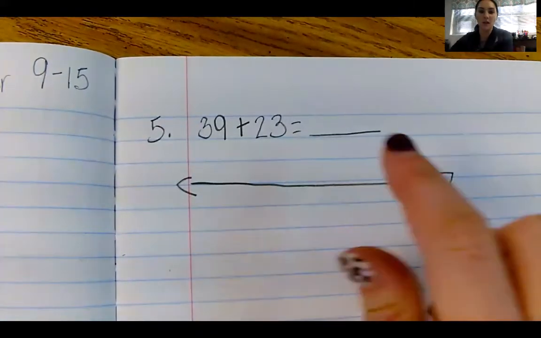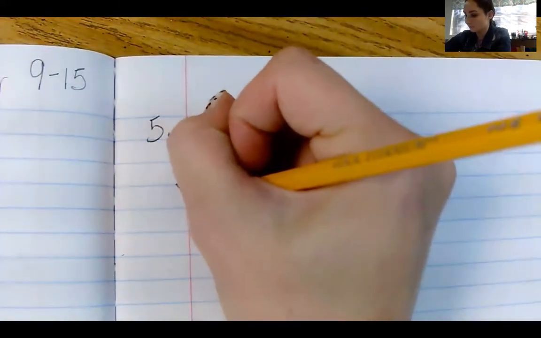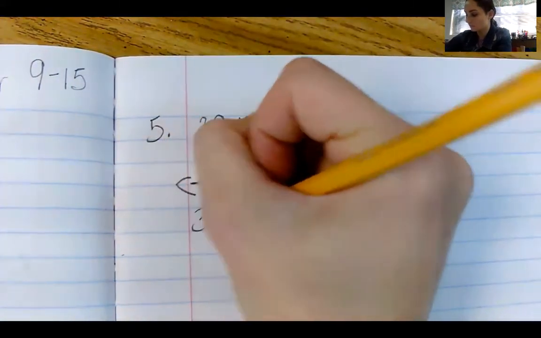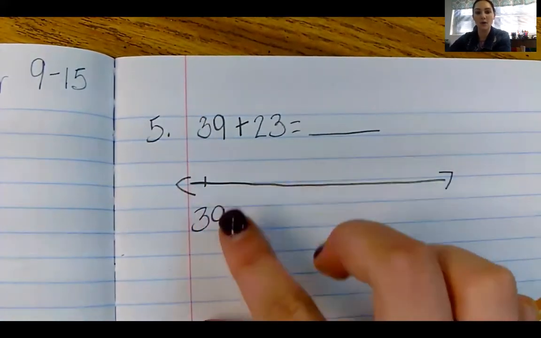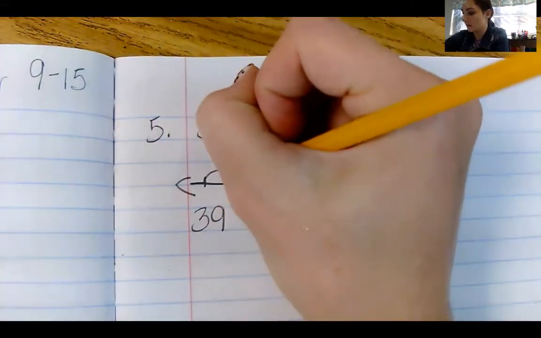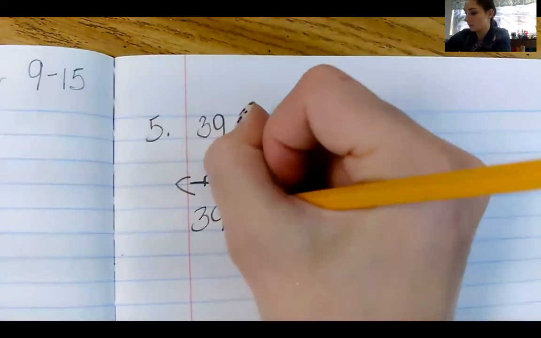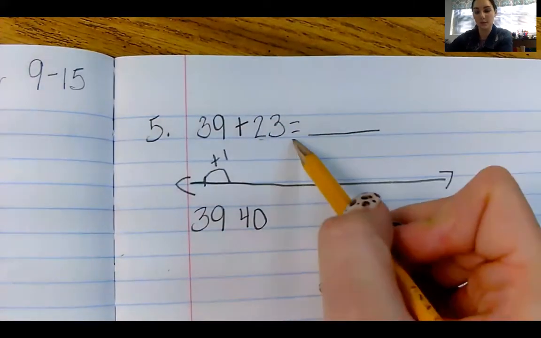I'm starting with my largest number, which is 39. Okay, then I want to add one more to get to that friendly number of 40. So I'm adding 1 to get to 40. Okay, now I want to add 23.